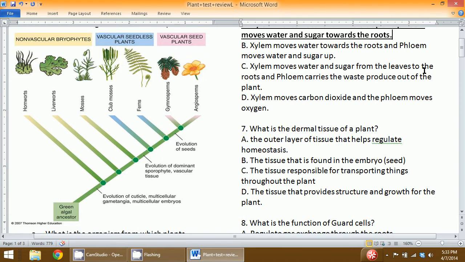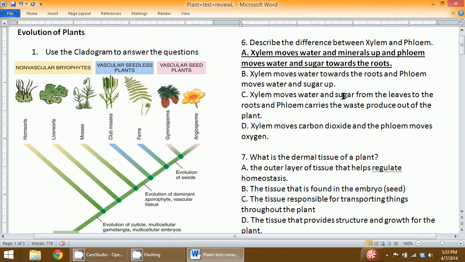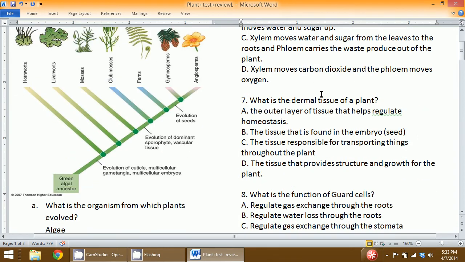It can, but that's not really something we've talked about, and it's probably not even the primary way. Xylem moves carbon dioxide and phloem moves oxygen. Well, actually, phloem probably is the primary way. Anyway, sorry, I'm mumbling. Xylem moves carbon dioxide and phloem moves oxygen. Stick with the water and minerals moving up, water and sugar moving towards the roots. It's a good thing. It's what we need you to remember.